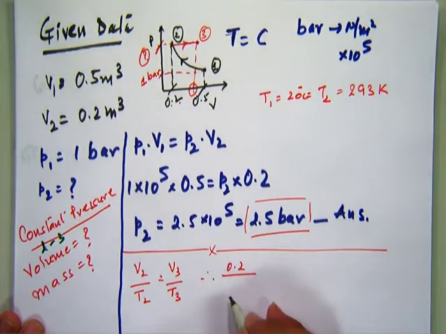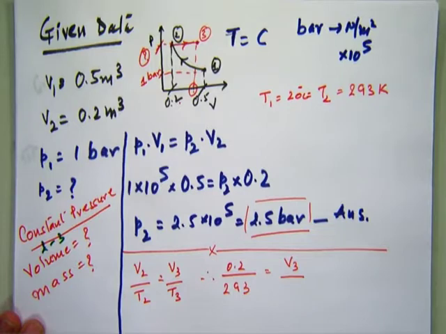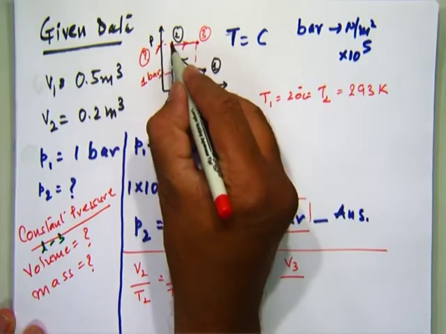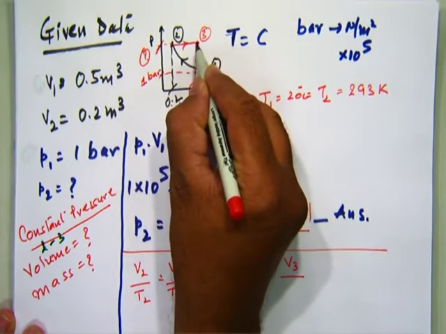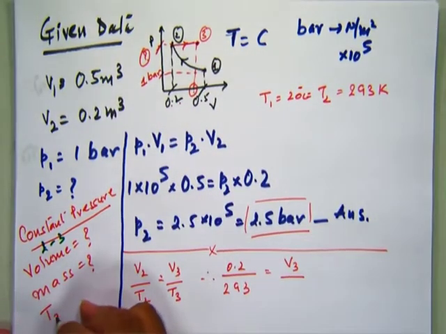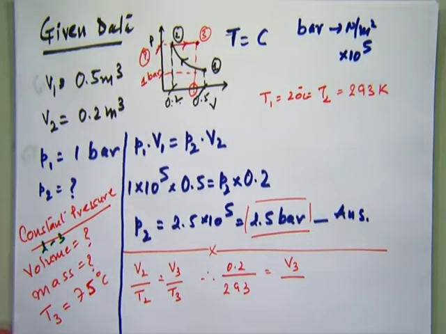So, 0.2 upon 293 is equal to V3 upon T3. The gas is then heated under constant pressure until its temperature is 75 degrees centigrade. So when the process goes from 2 to 3, the temperature of point 3 is given as 75 degrees centigrade.